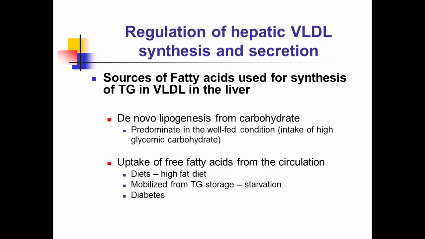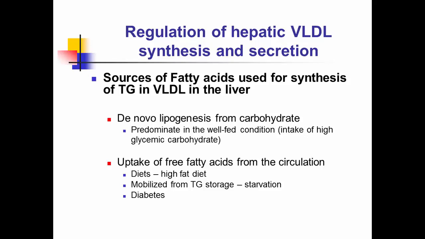And then there is the uptake of free fatty acids from the circulation. This basically happens in three different conditions. First, the high-fat diet. If we consume a high-fat diet, we have a lot of fatty acids in the circulation that can be picked up by the liver.